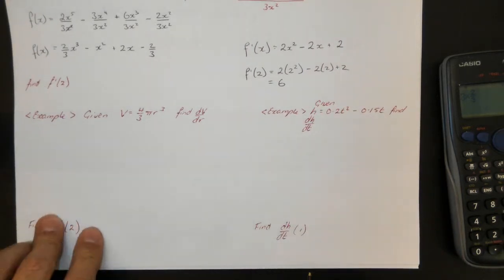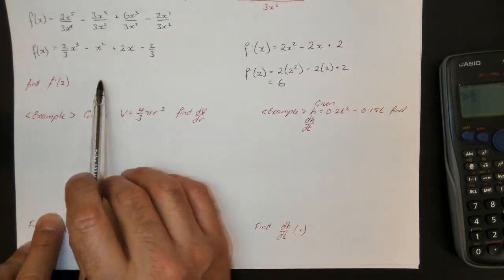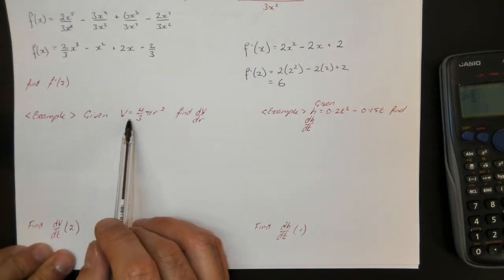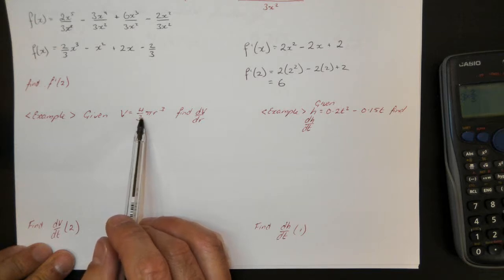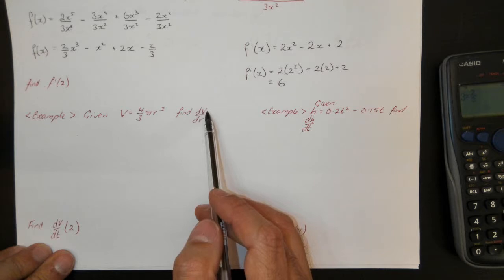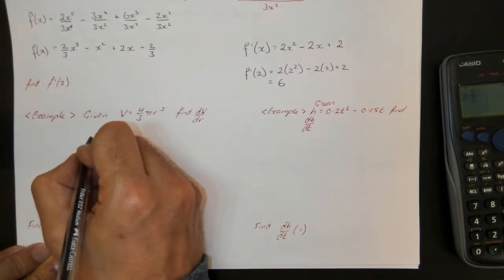Okay. Now we've used a lot of dy dx and differentiated with regards to x, but now we're going to differentiate in different variables. So if we're given v equals 4/3 pi r cubed, we want to find the derivative of v with respect to r. So the change in v over the change in r.